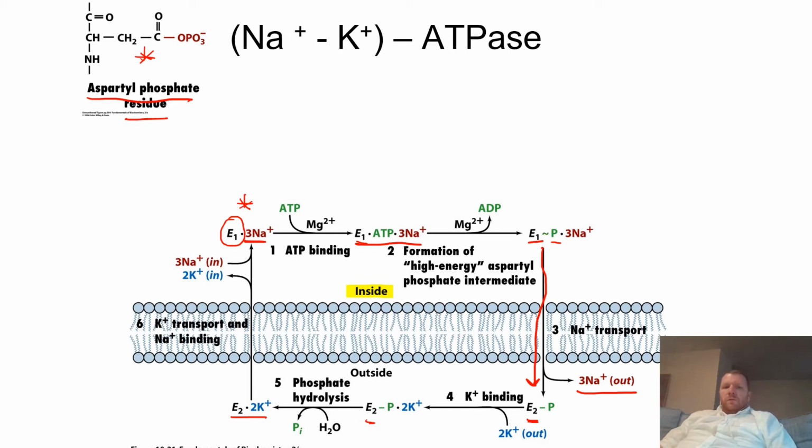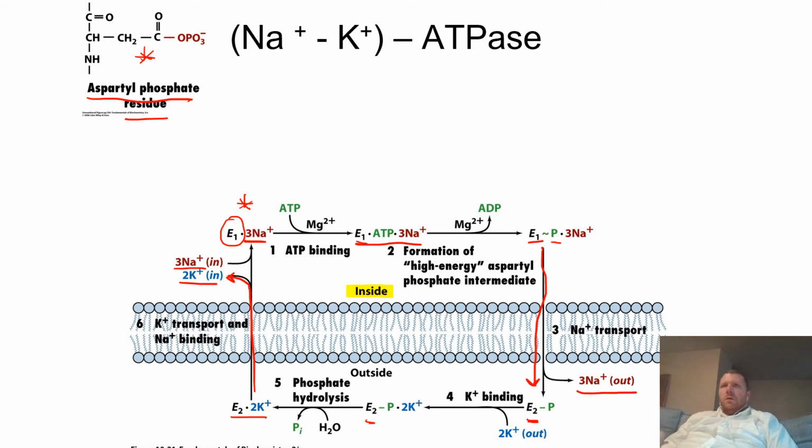This will undergo a conformational change, which will yield the release of 2 potassium ions. Once it releases those 2 potassium ions, this enzyme that has undergone another conformational change is able to bind 3 sodium ions, and now it is the E1 with 3 Na+.